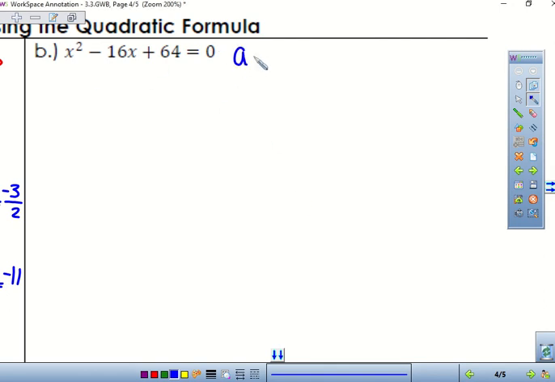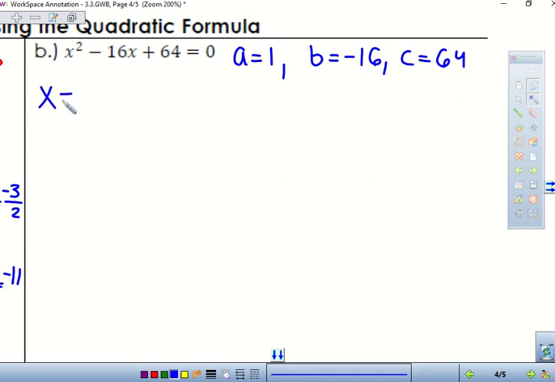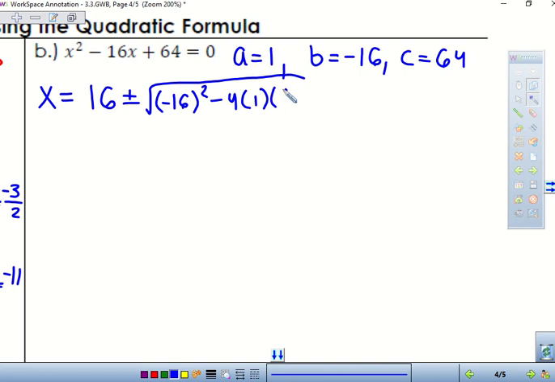All right, so what is A here? B is, and C is? Good. So that's x equals negative b plus or minus the square root of b squared minus 4 times a times c, all over 2 times a.